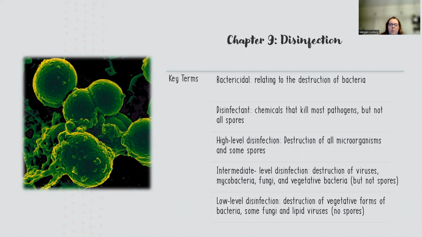Intermediate level is going to kill some viruses, some vegetative bacteria, but again, no spores. And low level is just some of the vegetative bacteria, some fungi, maybe some viruses. So not everything is going to get destroyed. That's why it's on those non-critical items that we would use that.